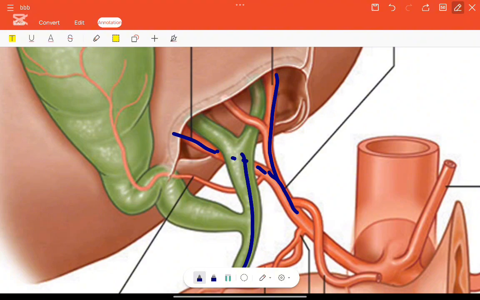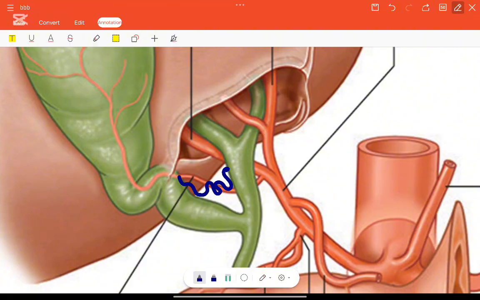From the right hepatic branch, the cystic artery originates and then passes and supplies the gallbladder. Is that right? So remember, the cystic artery is a branch of what? Right hepatic. Clinical importance here: the right hepatic may become enlarged and have a tortuous course. It will actually enter this region, have a tortuous course, go very near to the neck of the gallbladder, and then come back up to the liver.